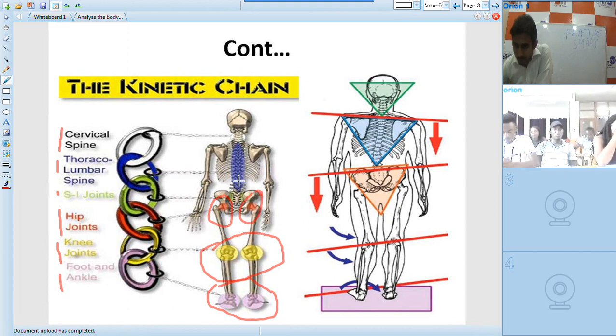Then this tendon or ligament and spine is joined via the area, like this area is the SI joint. Then the rib cage joint, and the head is joined with the cervical spine.